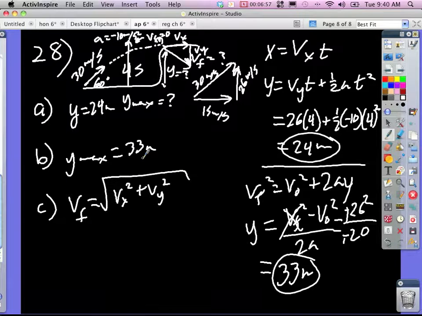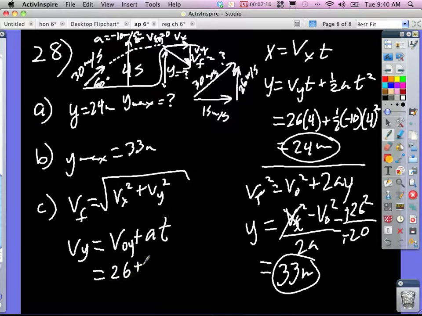So all we have to do is say Vy is equal to V0 plus AT. And of course, this is V0y, right? And that was 26, right? So it's 26 plus negative 10 times 4 seconds. So that gives us negative 14 meters per second there.